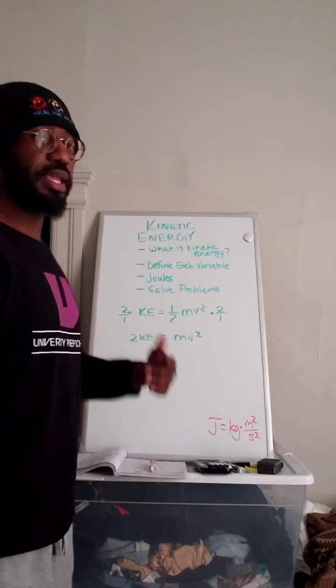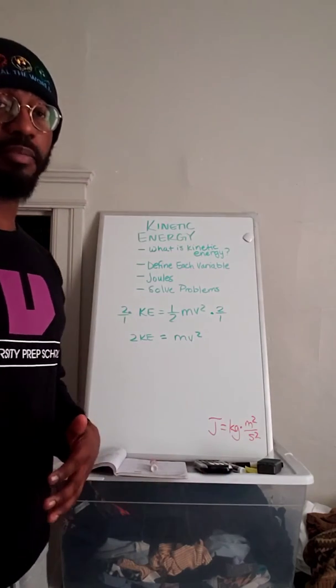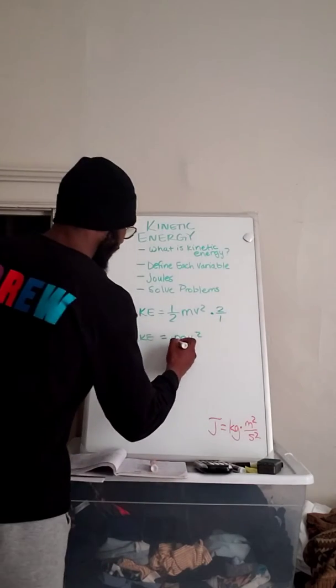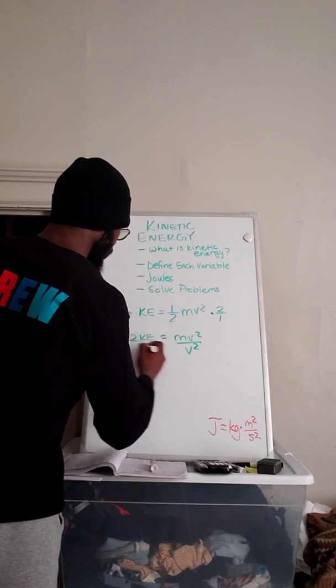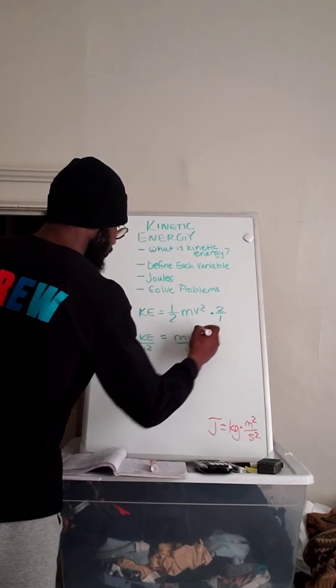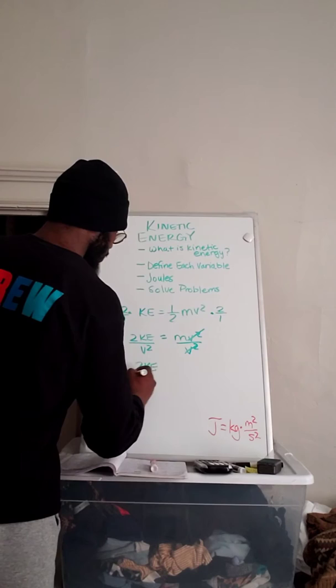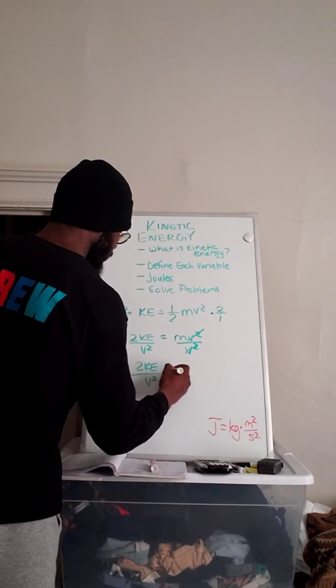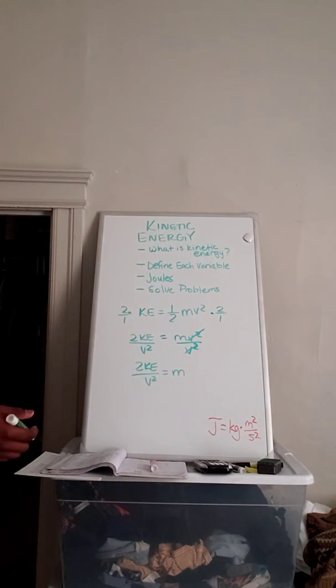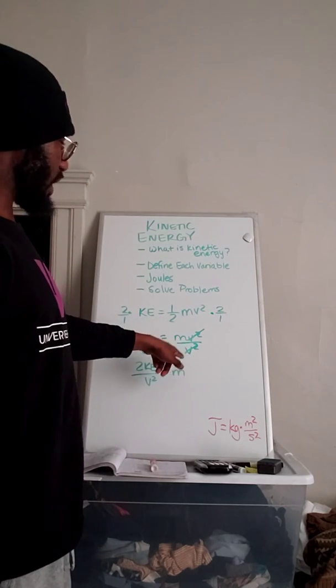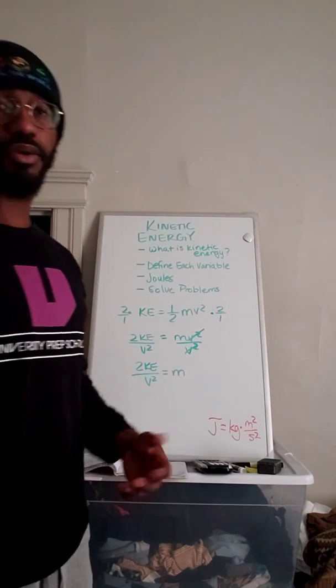So in order to get V squared away from M, I need to do the opposite of multiplication. So I'm going to divide by V squared on both sides. So that gives me 2KE over V squared equals M. Great. All right. So my V squareds cancel out and I'm just left with M in the numerator.